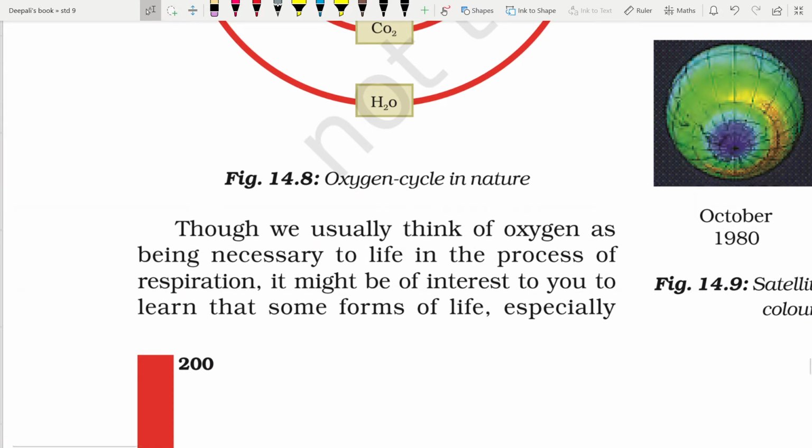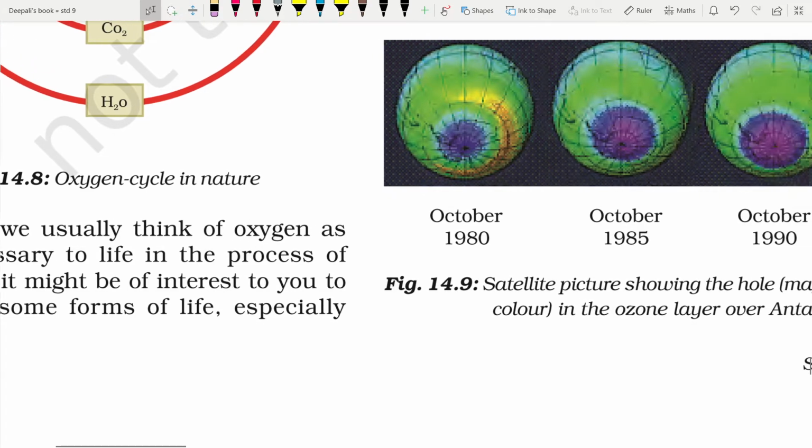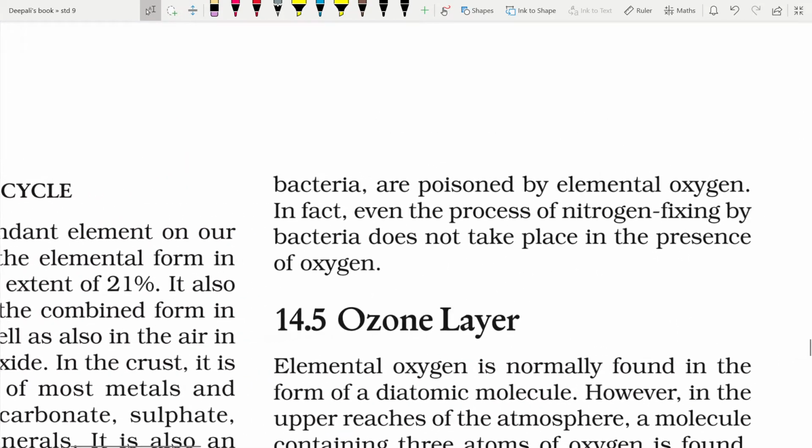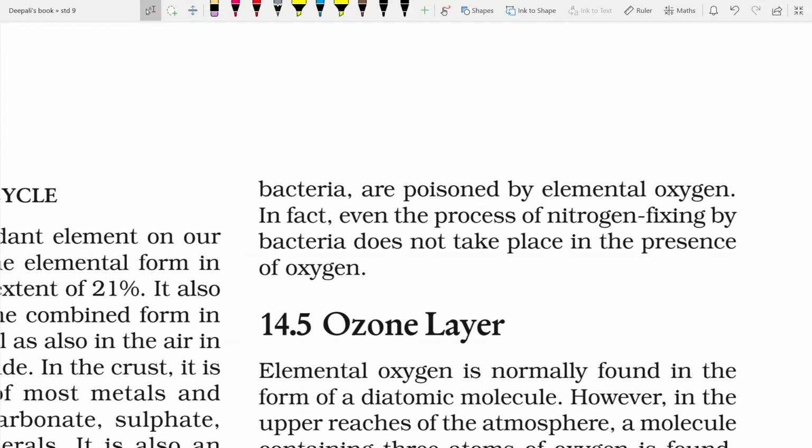So, though we usually think of oxygen as being necessary to life in the process of respiration, it might be of interest to you to learn that some forms of life, especially bacteria, are poisoned by elemental oxygen. In fact, even the process of nitrogen fixing by bacteria does not take place in the presence of oxygen.